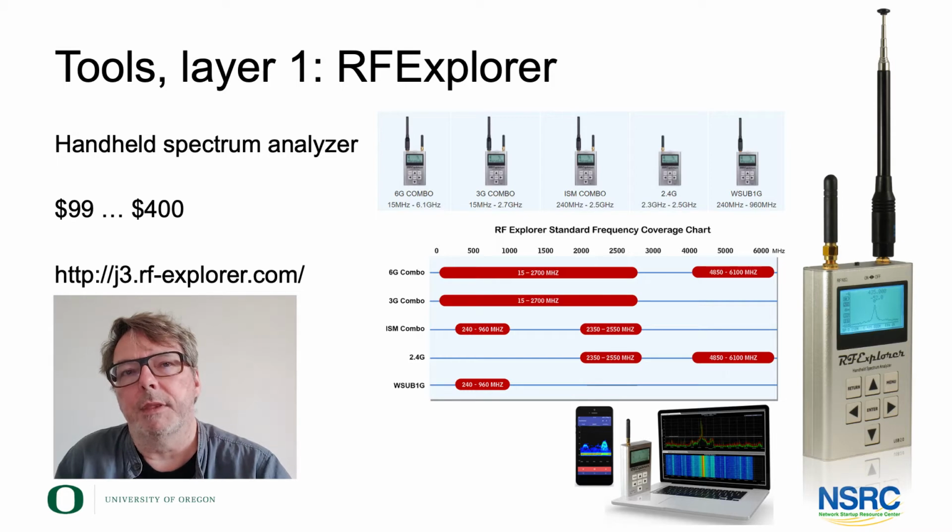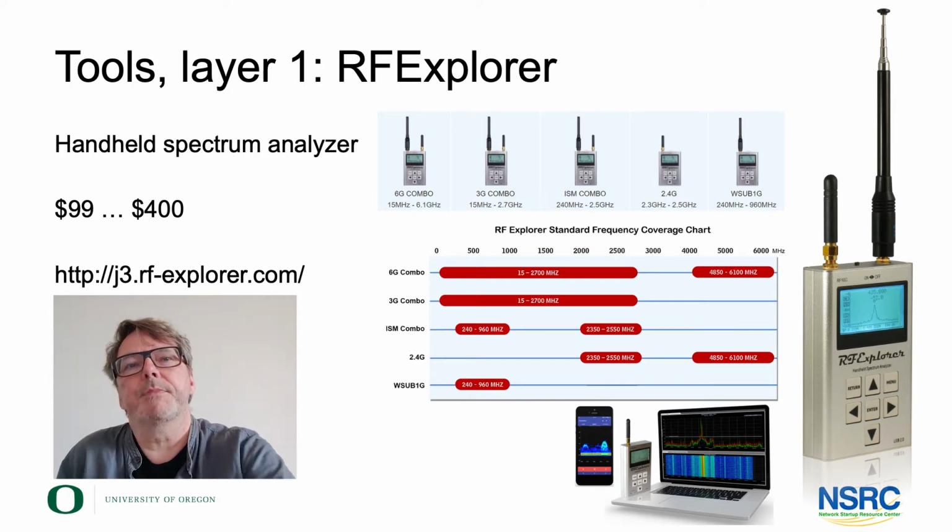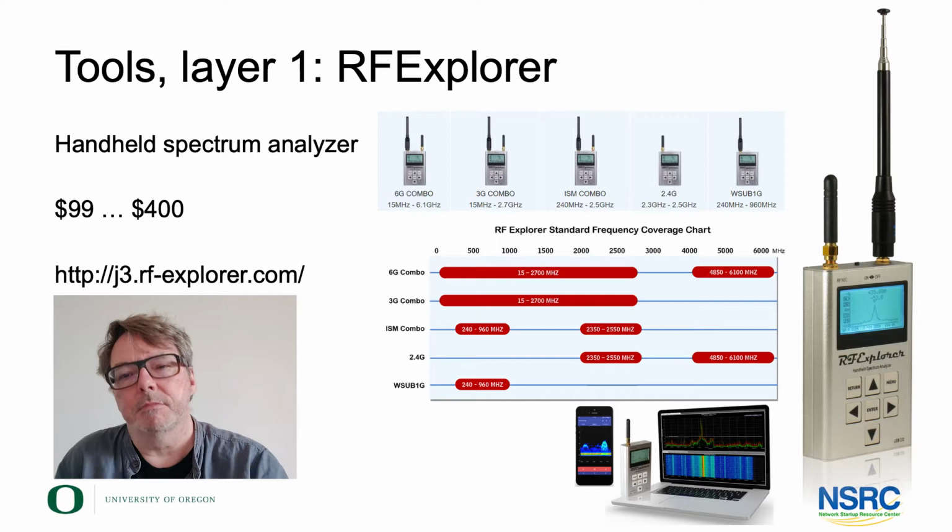They come with USB interfaces, so you can transport measurements from the device to your computer for further analysis and so forth. And software is available to look at the output of this device.